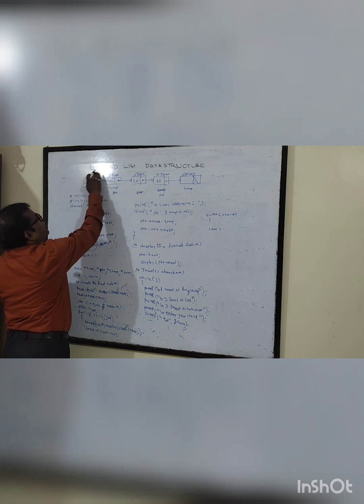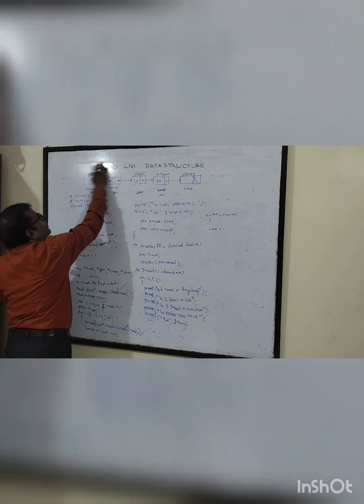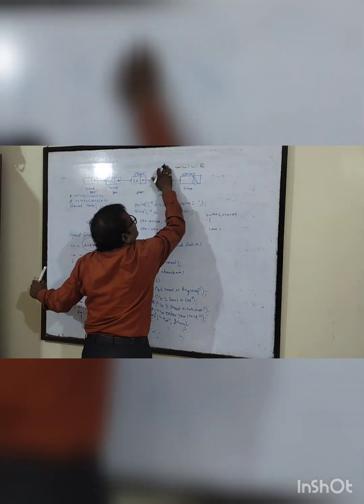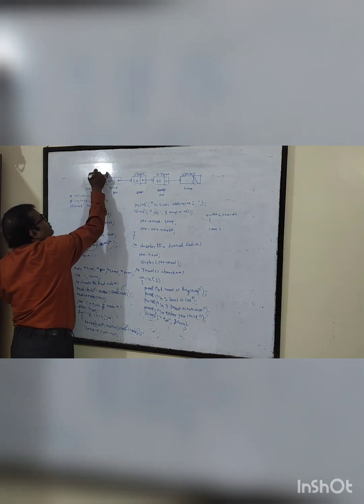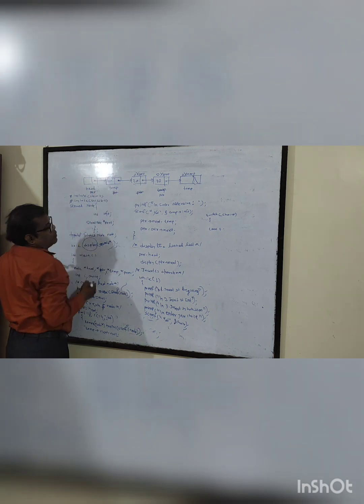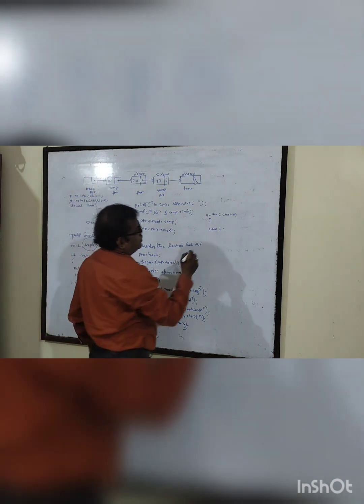Let me create a node here, right? So what is that here? I put this name as temp. So you create the node first.